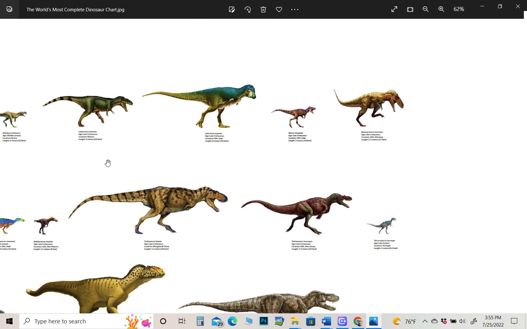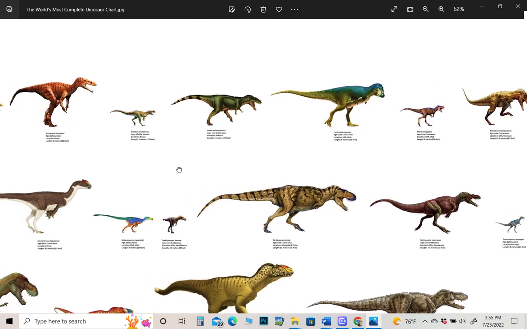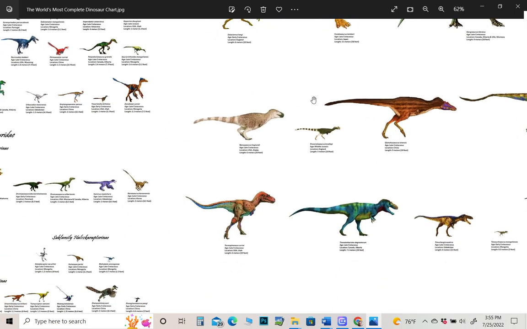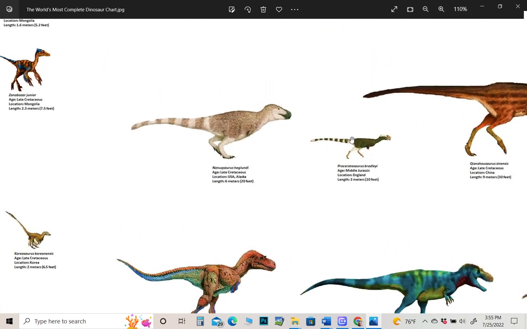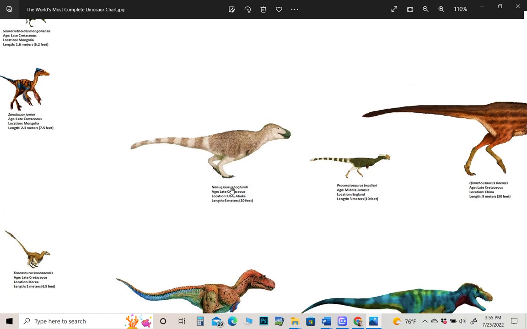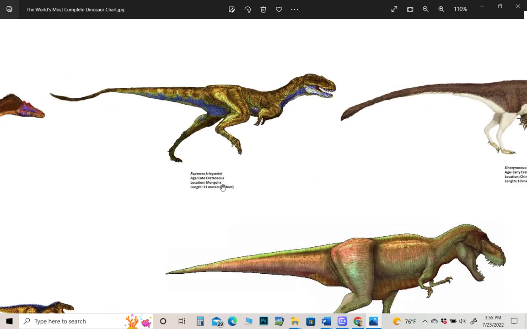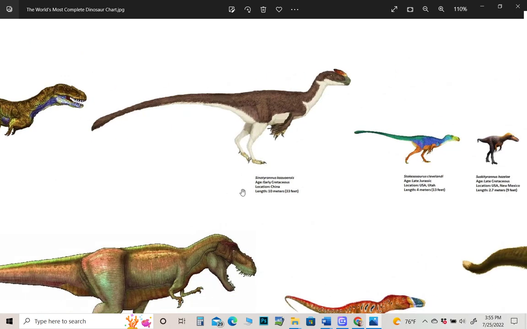It's not actually known for 100% certain, but we're pretty close to certain that it's actually a baby T-Rex. But I had to technically include it because it could still be another genus, even though it's probably not.